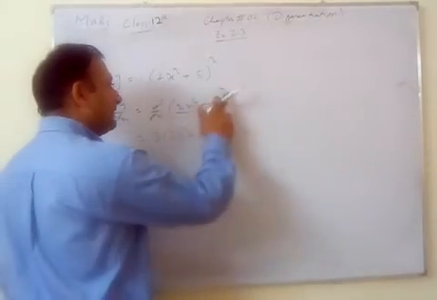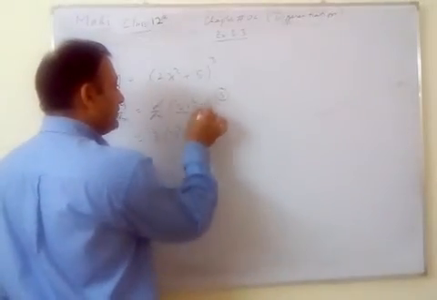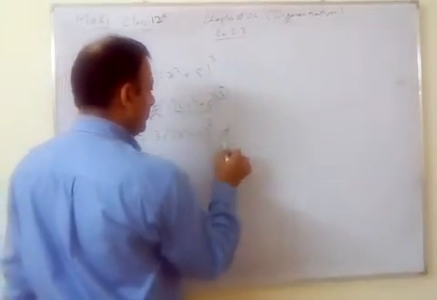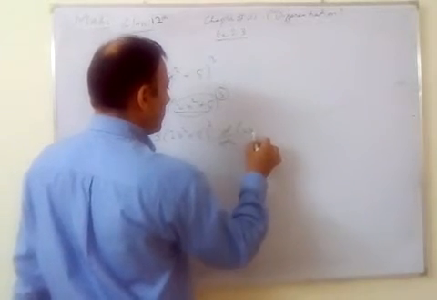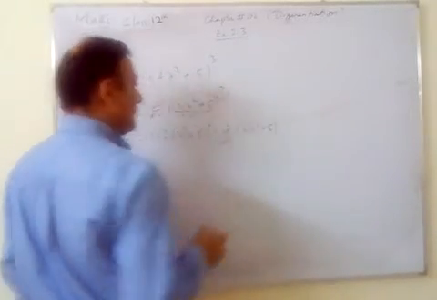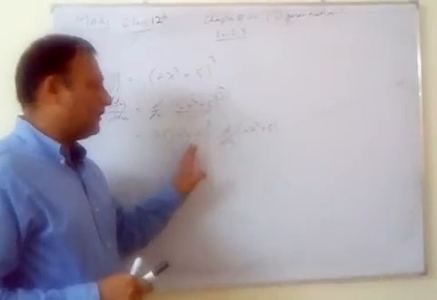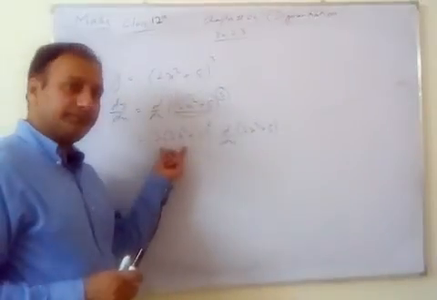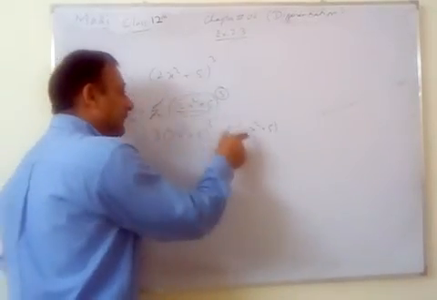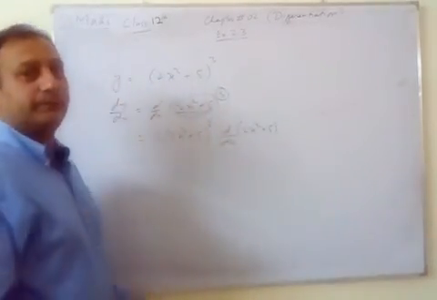So we are derivating the power. Then we solve the function, derivative of 2x square plus 5. First of all we derivate the power, then we take the derivative of the function inside the power.